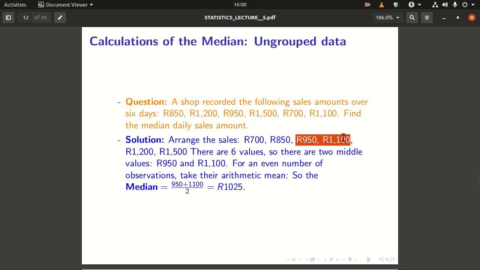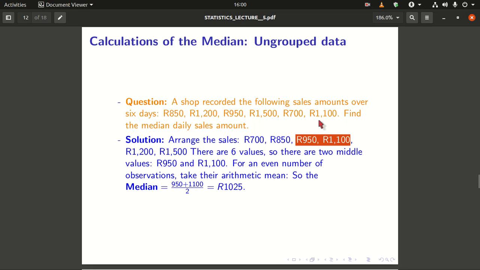So whenever we have an even number of observations, what we do is take the arithmetic mean. In other words, we add these 2 values and then divide by 2 to get the median. I hope this makes sense. Take this and that, and then you get the median.